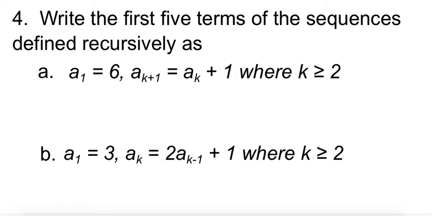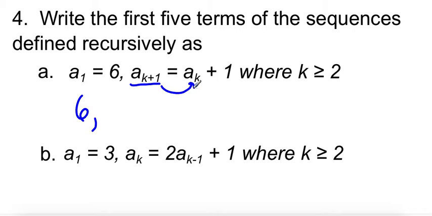So we want to do the same pattern we did yesterday: we're going to be given a formula, and we want to write the first 5 terms. Here's how this one works. It says A1 is 6, so they are telling us the first term of this sequence is 6. To find AK plus 1, so to find any term in the sequence, you take A sub k and add 1 to it.